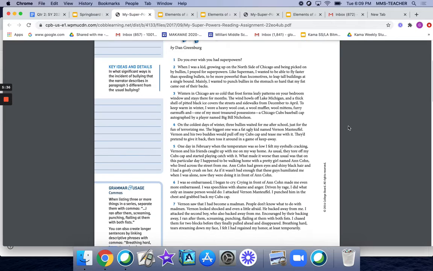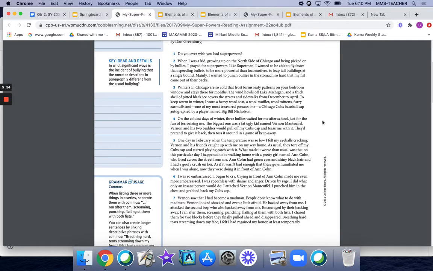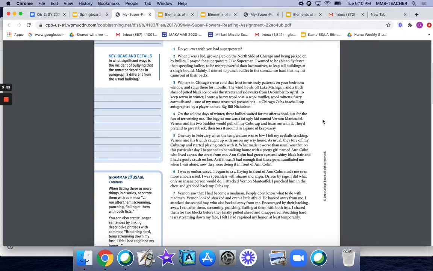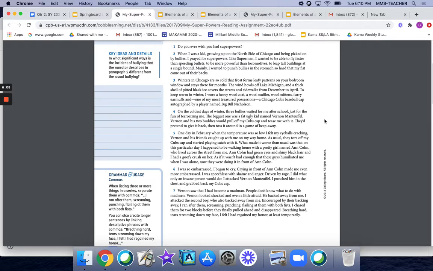To keep warm in the winter, I wore a heavy wool coat, a wool muffler, wool mittens, and furry earmuffs, and one of my most treasured possessions, a Chicago Cubs baseball cap autographed by a player named Big Bill Nicholson. On the coldest days of winter, 3 bullies waited for me after school just for the fun of terrorizing me. The biggest one was a fat, ugly kid named Vernon Montufo.